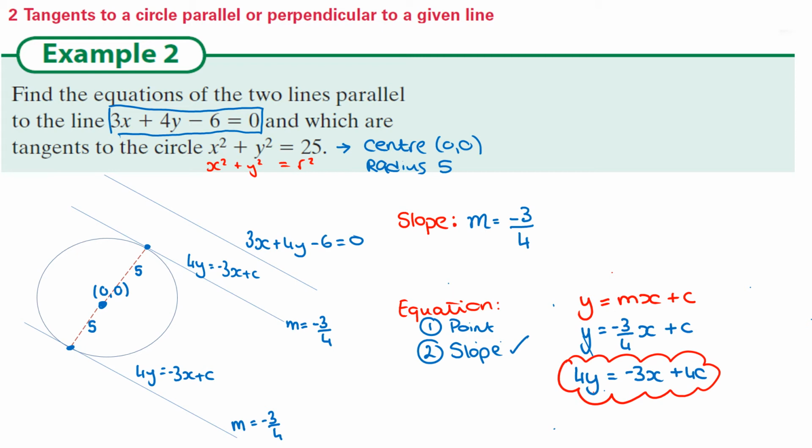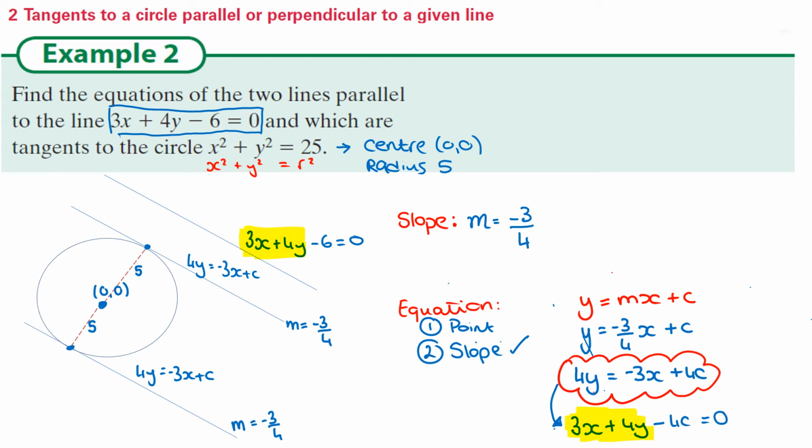Now, to use the perpendicular distance formula, we need the equation in a slightly different form. So rearranging it, we get 3x plus 4y minus 4c equals 0. And I'll point out something that hopefully you'll notice, that the start of this equation matches the start of the equation we have, because with parallel lines the x and y coefficients should match.